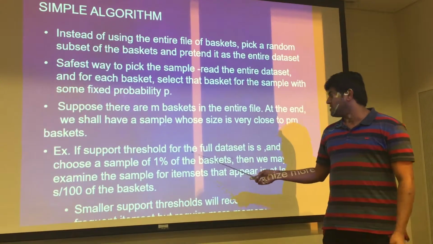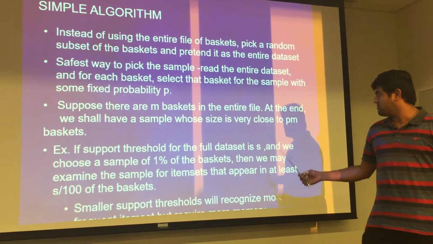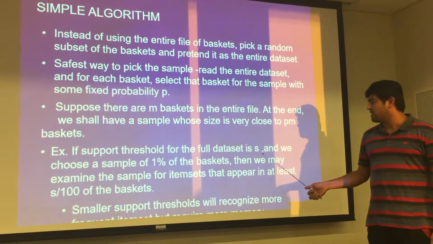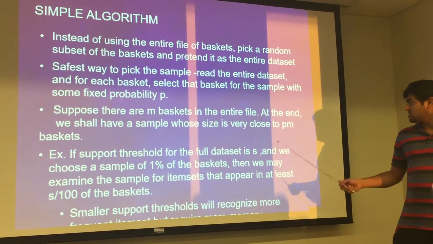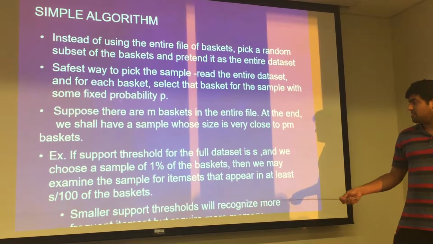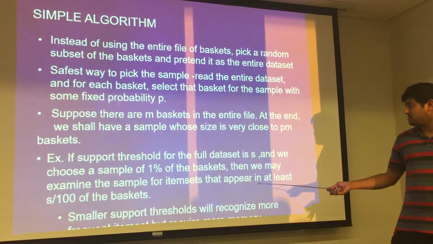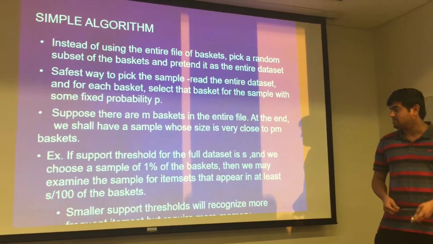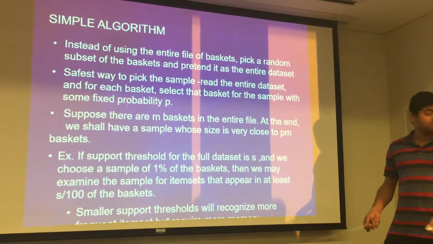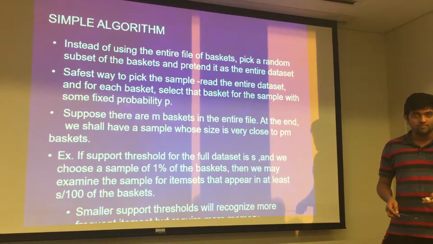For example, if the support threshold for the full data set is S and we choose a sample of 1% of the baskets, then we may examine the sample for the item sets that appear in at least S/100 of the baskets. So that is basically the simple algorithm.